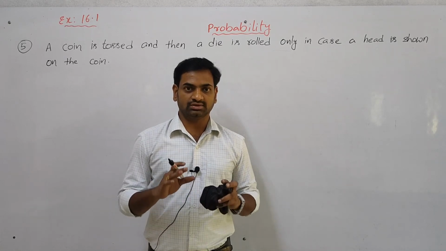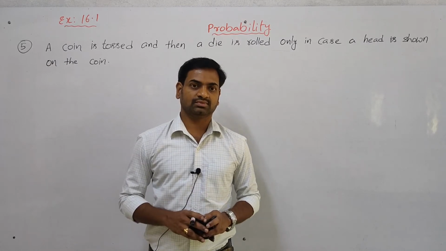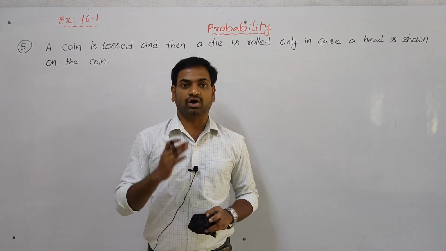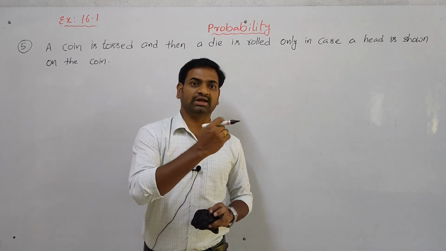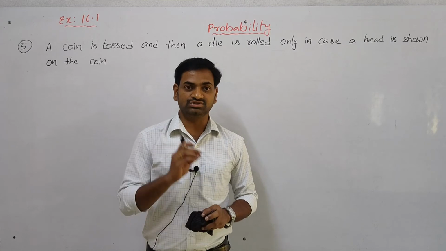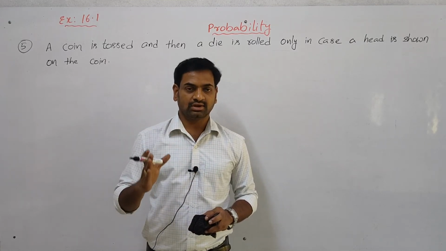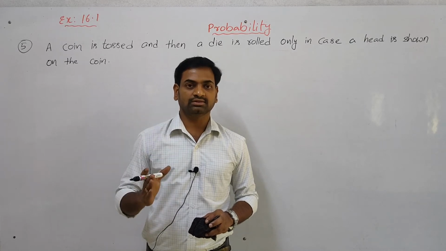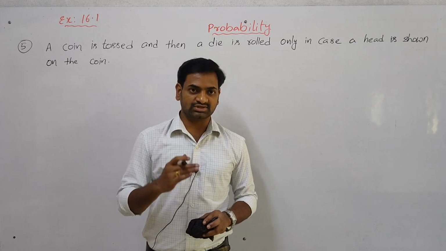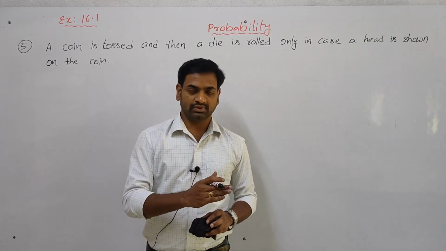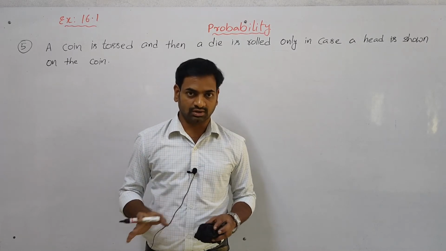Only if the coin shows head do we have to throw the die. In the case of tail, there is no condition at all.